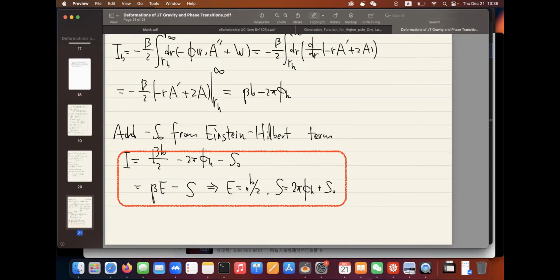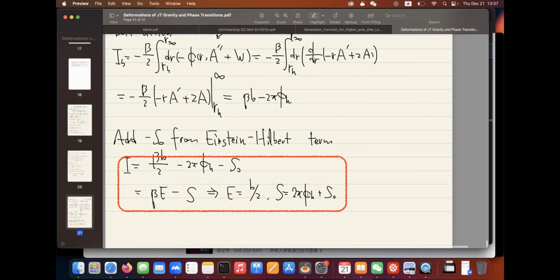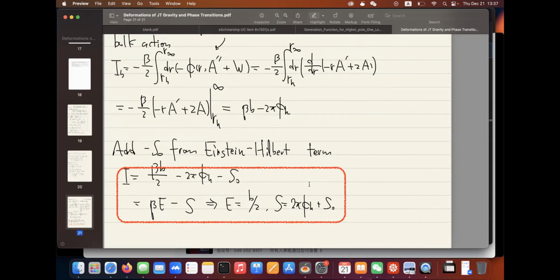It's actually equal to 1/2 of B, and the entropy is proportional to the dilaton field near the horizon. Actually, it's just proportional to the radius of the horizon. Yes, because phi h is just RH. Okay, this is all the story.